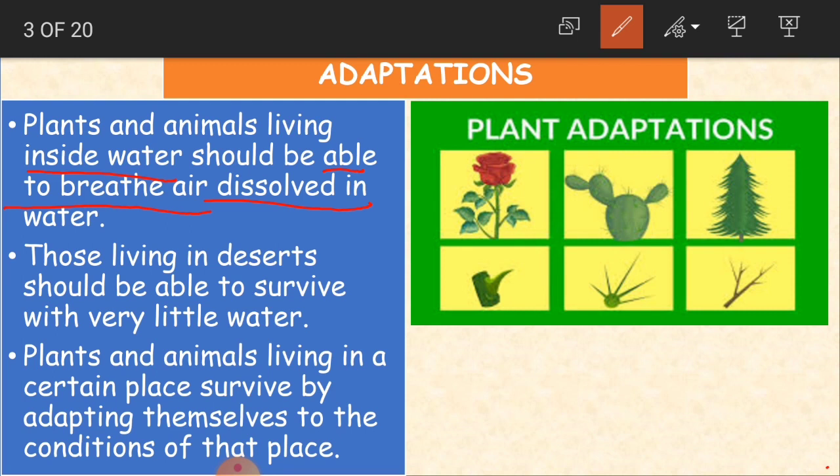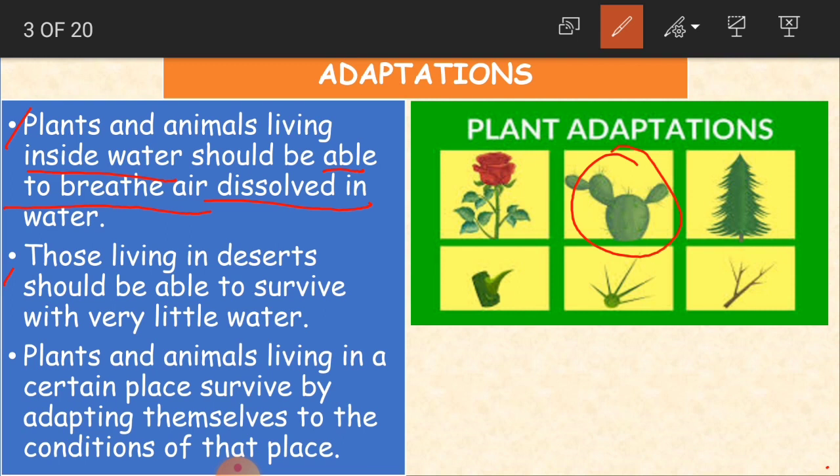And here the second point is those living in deserts should be able to survive with very little water. When we say plants are able to grow in water in the first point, they are able to live according to its condition. And here, some plants live in deserts, for example, cactus. If you see this cactus, this is a desert plant.